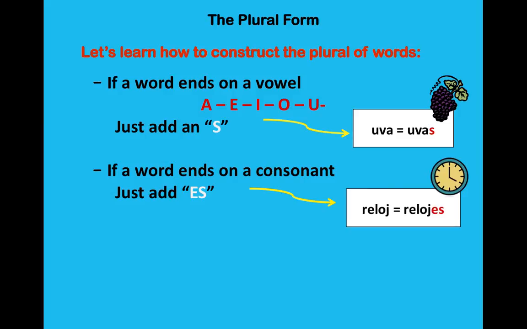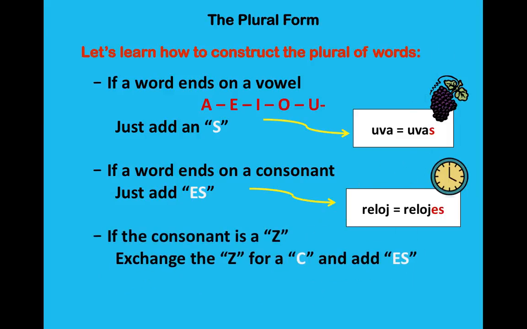But what happens if that consonant is the letter Z? We would have to exchange that letter Z for the letter C, and then we would add our ES. Look at the example. From lápiz to lápices.